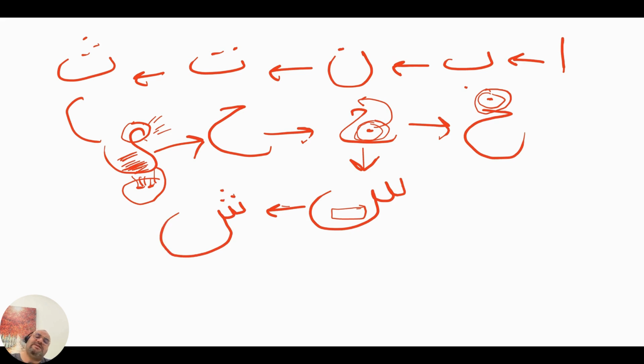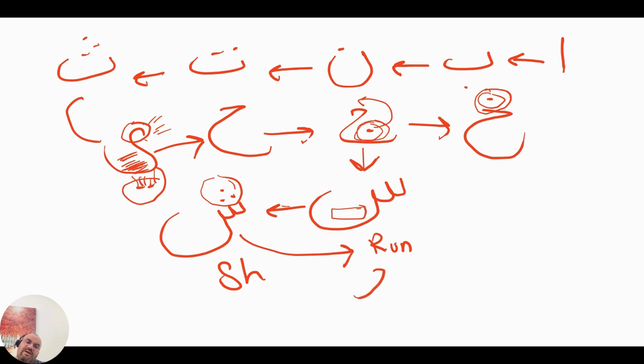But he's eating very fast, so we don't have two dots here. We have three dots together, and we pronounce it as sheen. After he eats, he feels like he should run. So the R letter, and of course, we will not leave it alone. So if we put a dot up, it's Z.